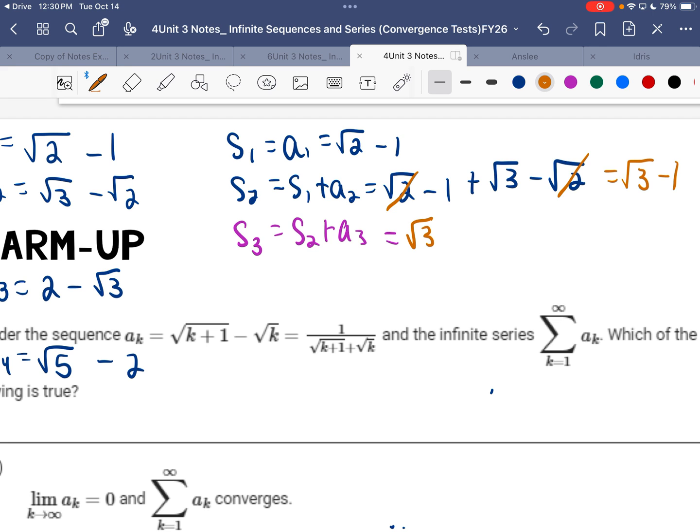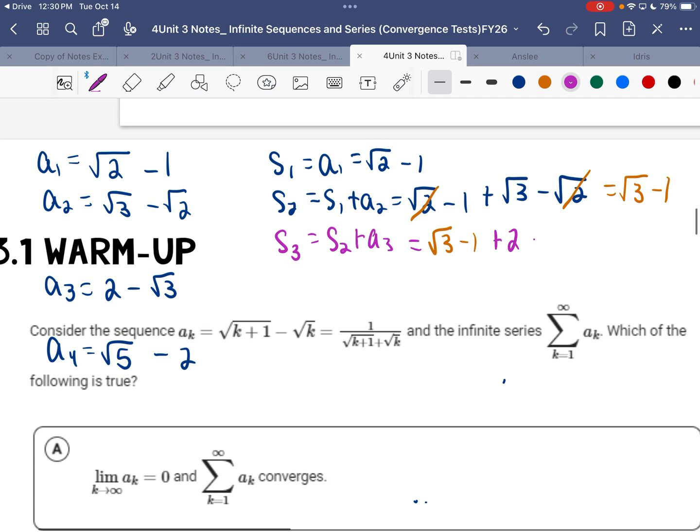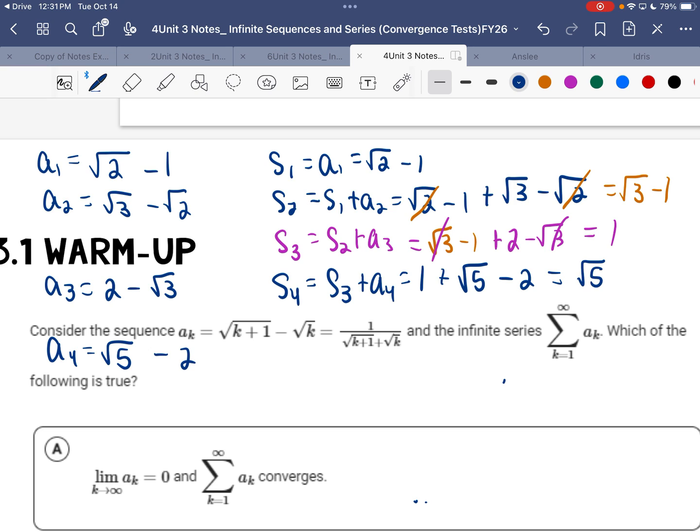S2 was the square root of 3 minus 1, a3 was 2 minus the square root of 3. I don't know if you could tell, but it is getting bigger. Let's do one more just for funsies. S3 plus a4. S3 was 1, plus a4 was square root of 5 minus 2. It's getting larger and larger each time.